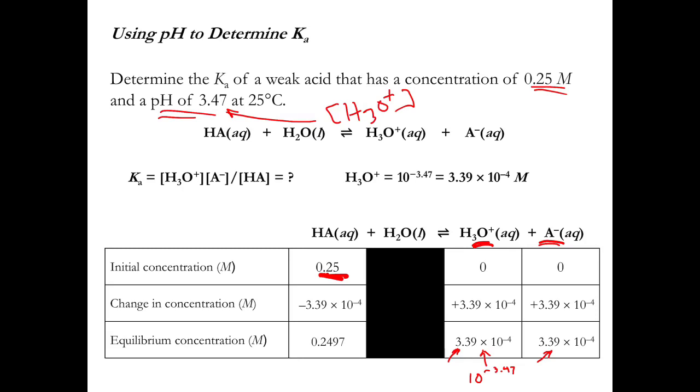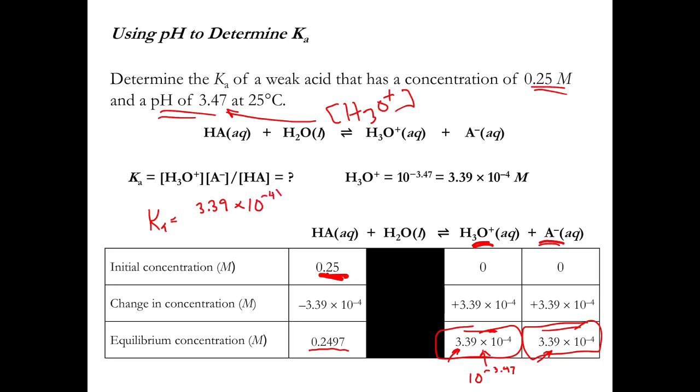So let's plug in what we know about the equilibrium into the equilibrium expression, and we should be able to solve for Ka. There's our final concentration of HA at equilibrium, and here are final concentrations of H3O plus and A minus.